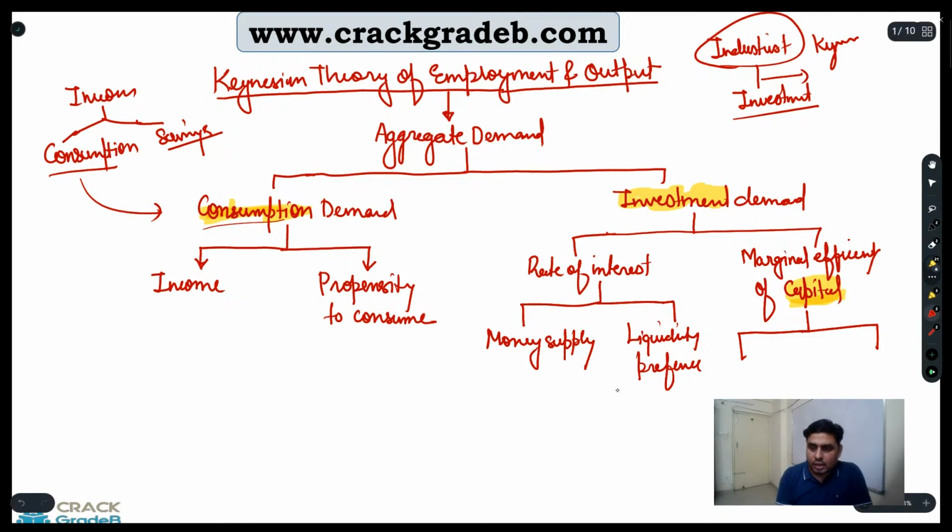So that is why we divide the marginal efficiency of capital into 2 parts. One is cost of capital and the other part is prospect of profit.